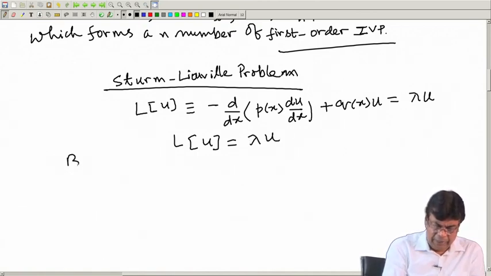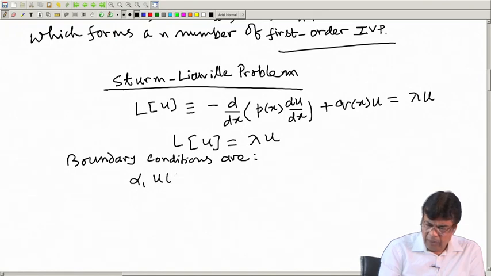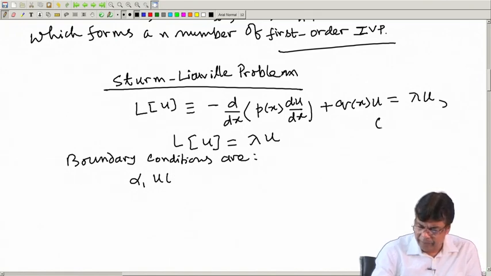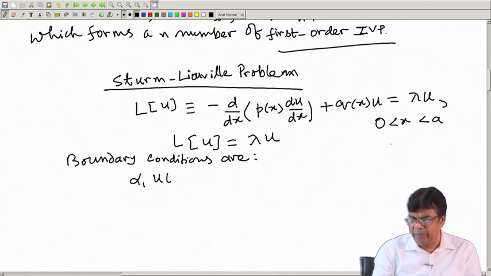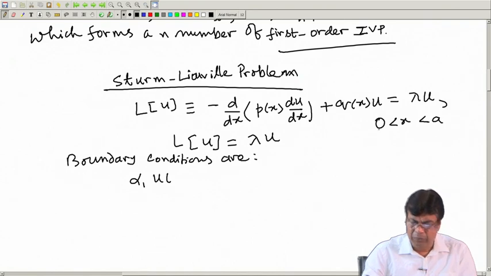And the boundary conditions are given in this manner. Let us take x varying from 0 to a. It can be a to b, but I can make a shift and reduce the situation to between 0 and a.